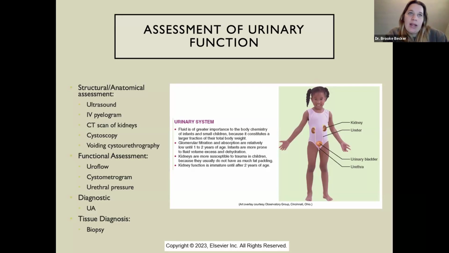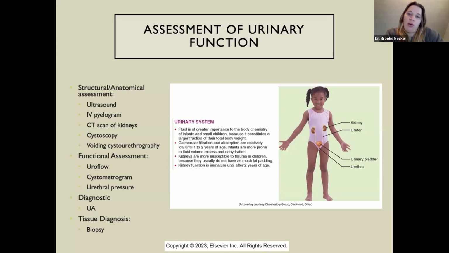So anatomically in kids, kidneys are more susceptible to significant injuries from trauma, just because they don't have as much fat padding in their abdomen and on their backside that adults do. So they're more at risk for having kidney issues if they have an abdominal trauma or a trauma to their back. Full kidney function isn't until about 2 years of age.